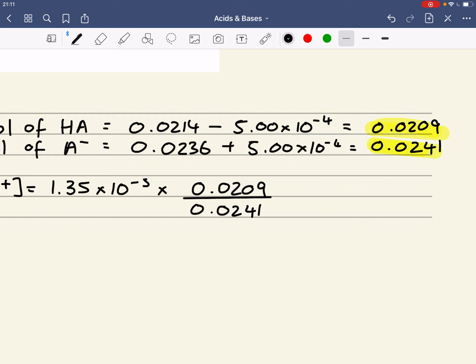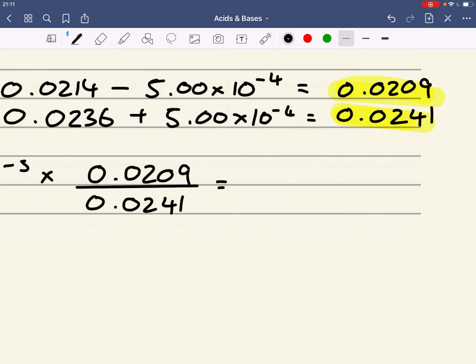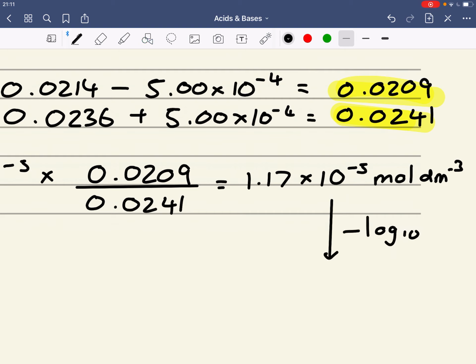And when you do that, you get a hydrogen ion concentration of 1.17 times 10 to the minus 5 moles per decimeter cubed. And then, of course, you have to take minus log of the answer. And you get a pH there of 4.93.